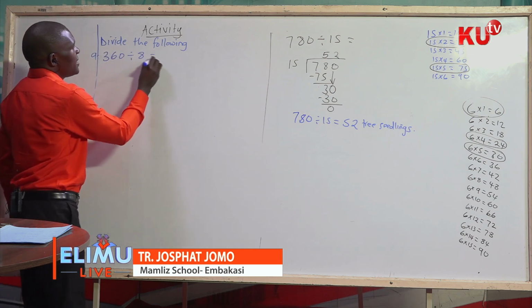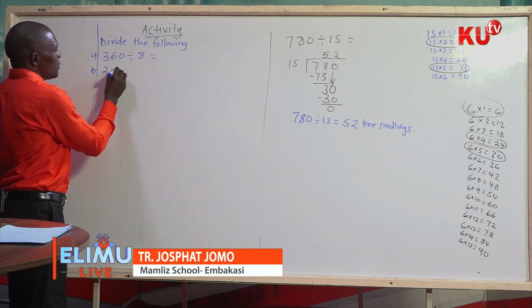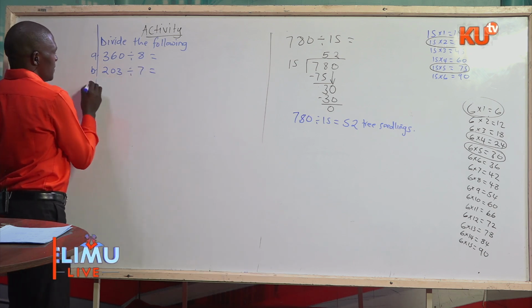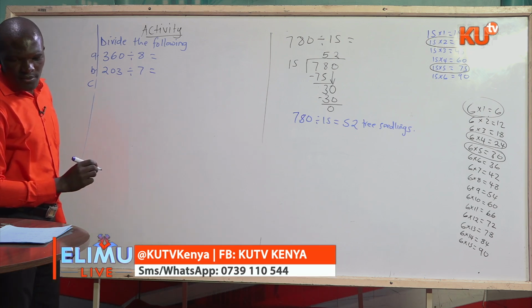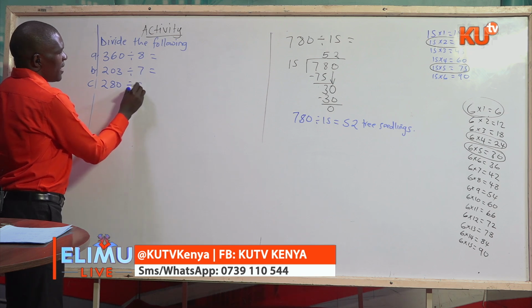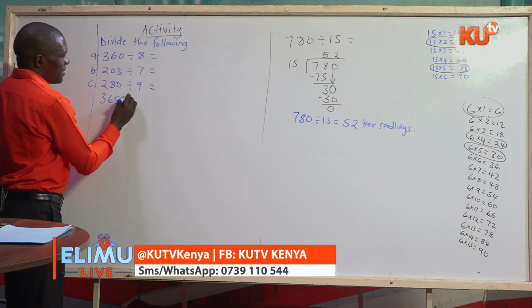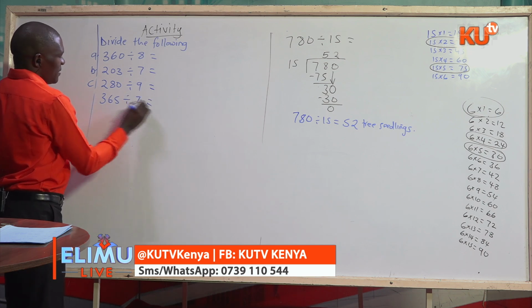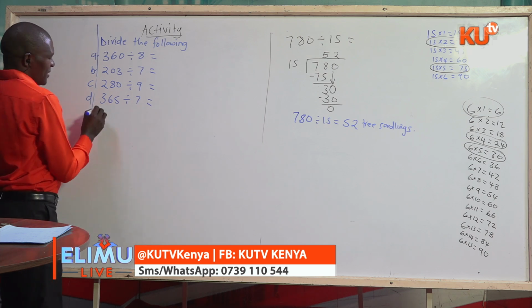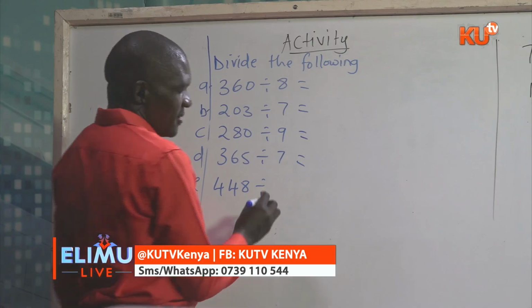360 divided by 8. B, 203 divided by 7. C, 280 divided by 9. 365 divided by 7, that is D. E, 448 divided by 14.